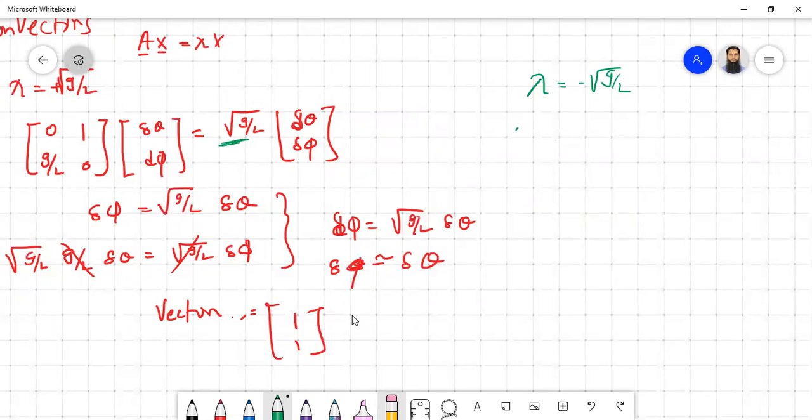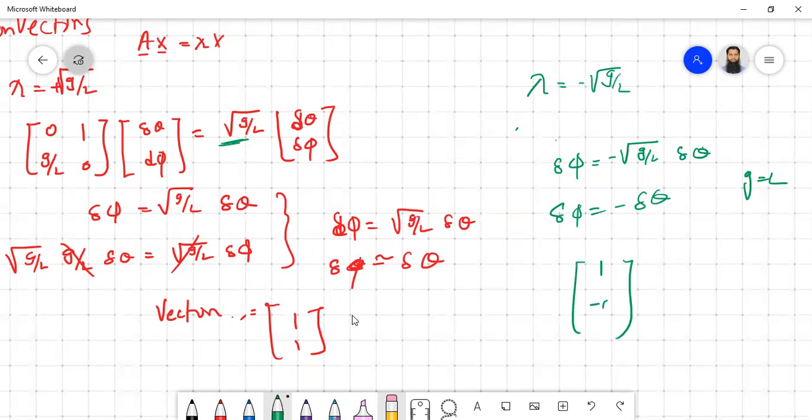So what we are going to get finally is del phi equal to minus root over g by L del theta. Okay, so this is the only change. Again, for simplicity, we are assuming g equal to L. So del phi will be minus del theta. So the other eigenvector is 1, minus 1. I have taken a bit of simplification so that it doesn't take too much time to explain what is happening here.